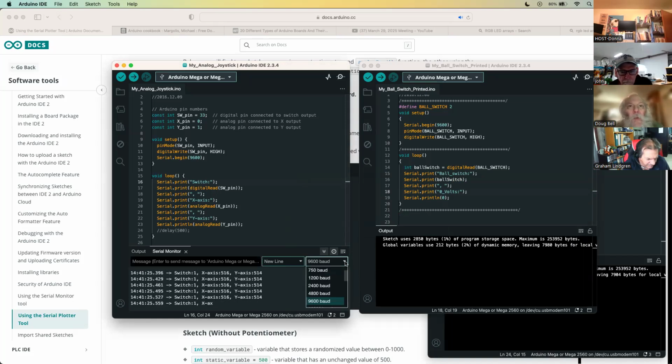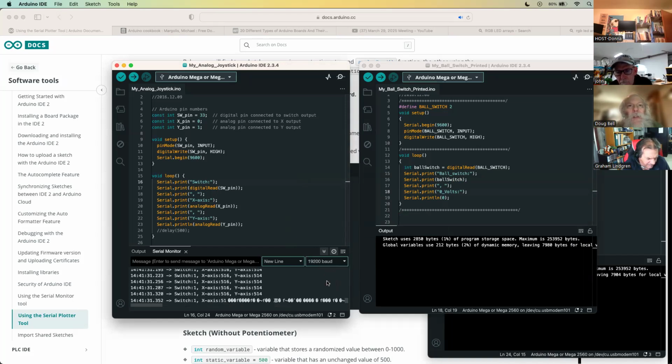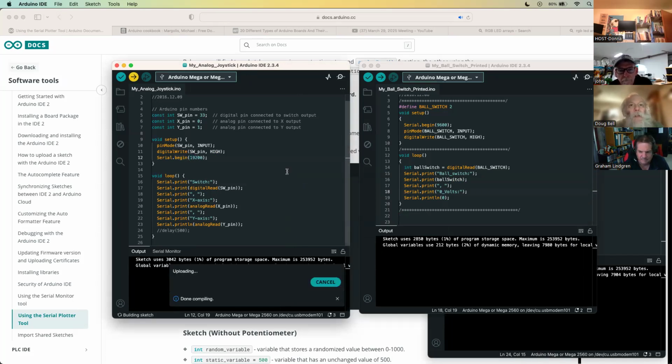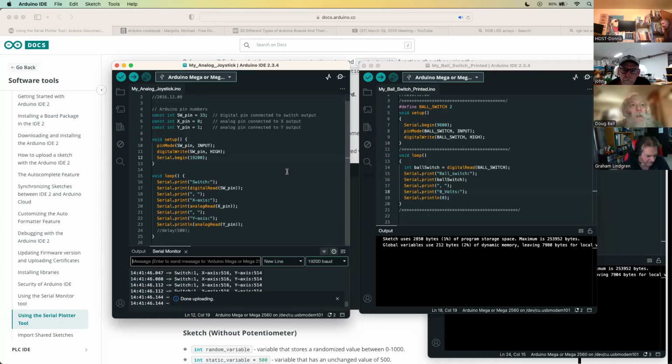Well, let's see. So what we have here, I'll go to just twice. So 19200 goes to garbage, and then we change our source code. There's 19200, and build again. And there we are running twice as fast.